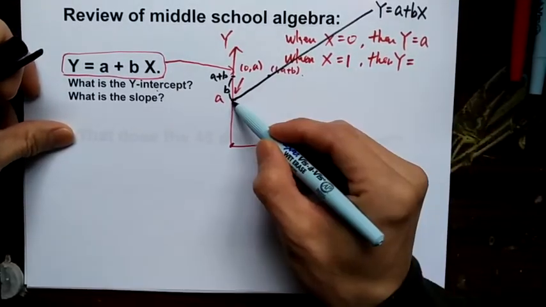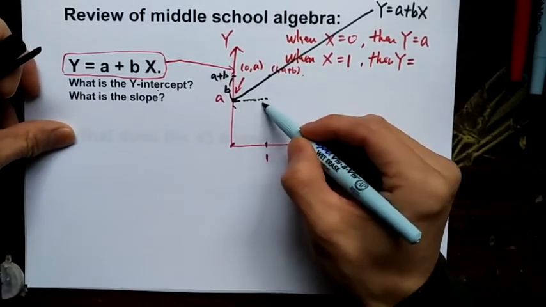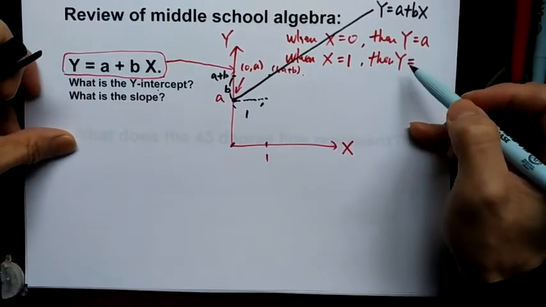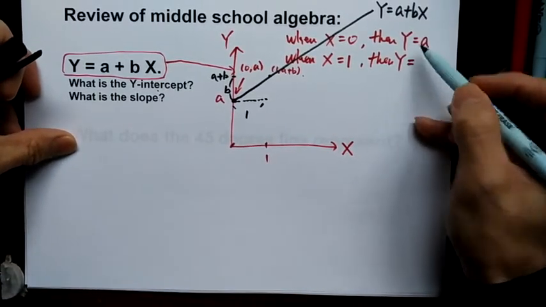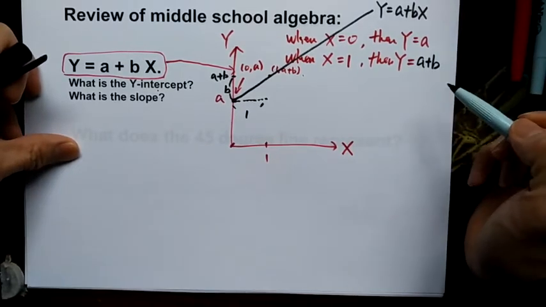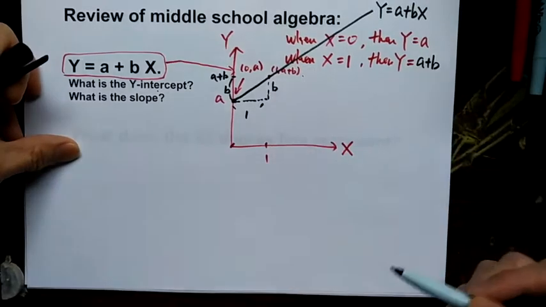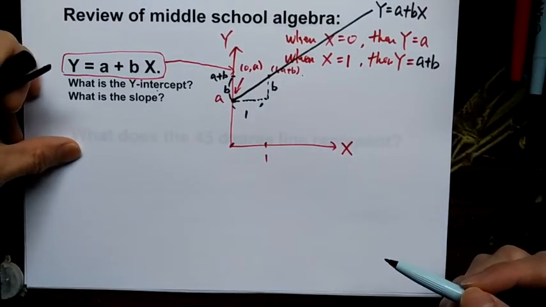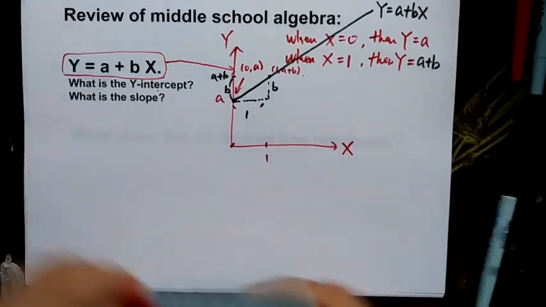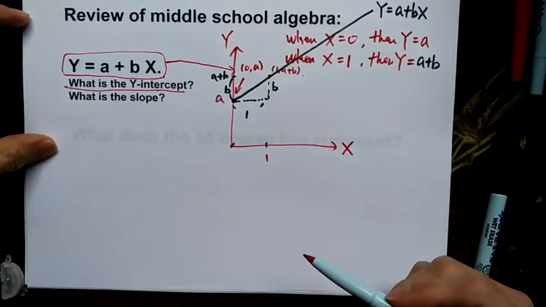The second step, you increased x by 1. Therefore, this is 1. And how much does y increase? The answer is y increases by b. Right? Okay. Then, what is the y-intercept on this graph?